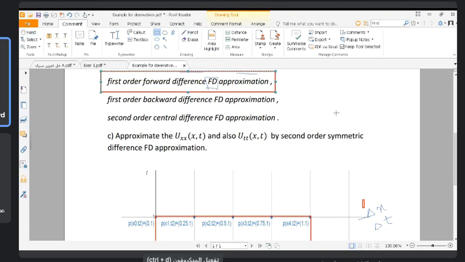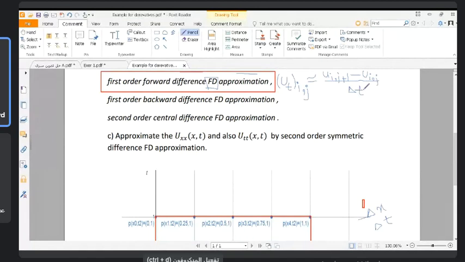It means u_t at i and j is approximated by the forward formula: u at i and j plus 1, minus u at i and j, over delta t.